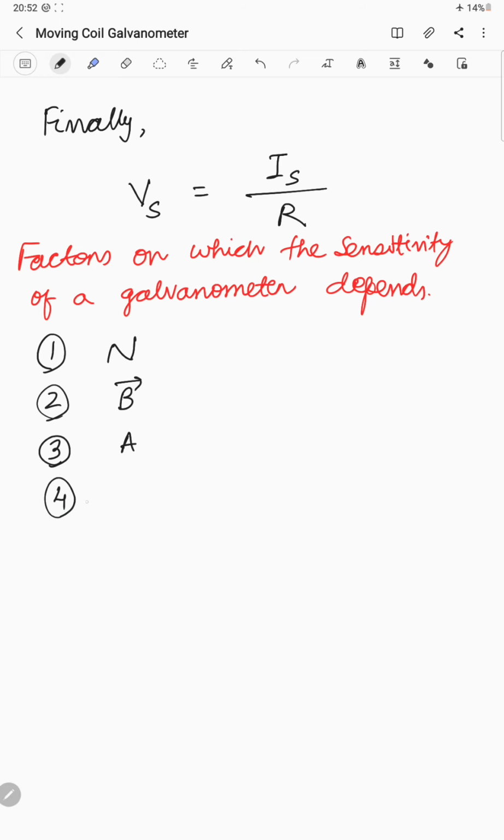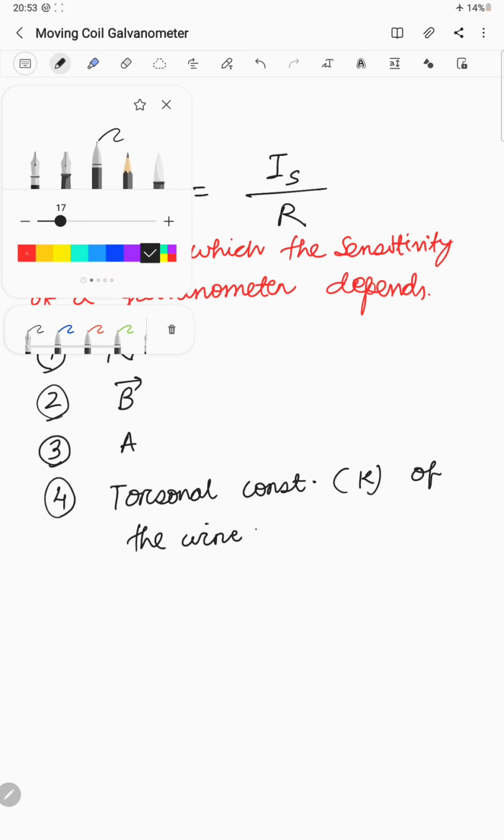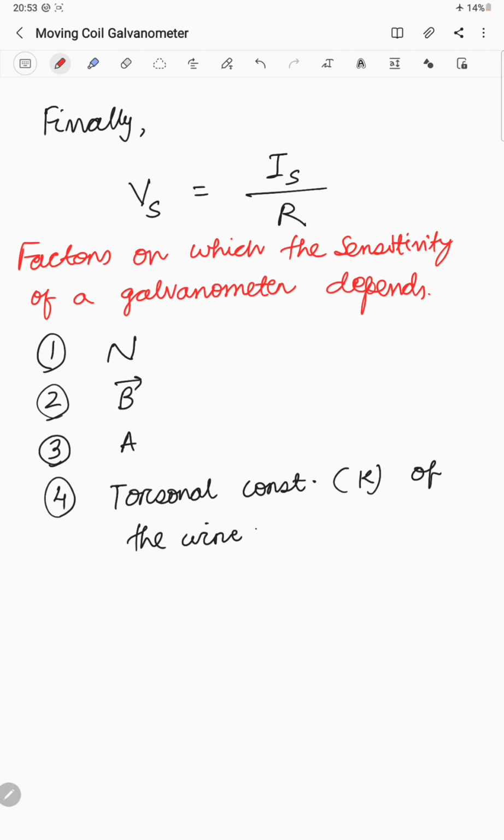Fourth one is the torsional constant, that is denoted by K. So these are the four parameters or the four factors which are responsible for making a galvanometer more sensitive or less sensitive.